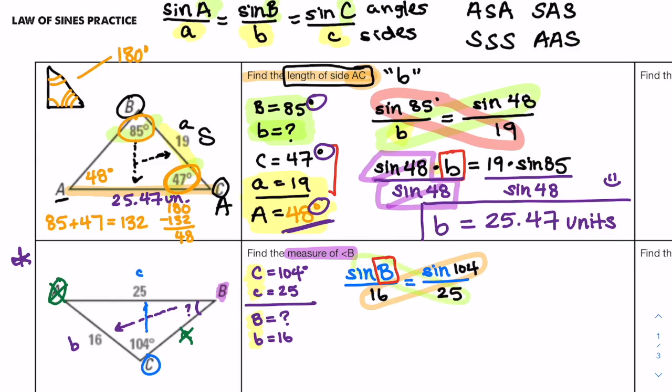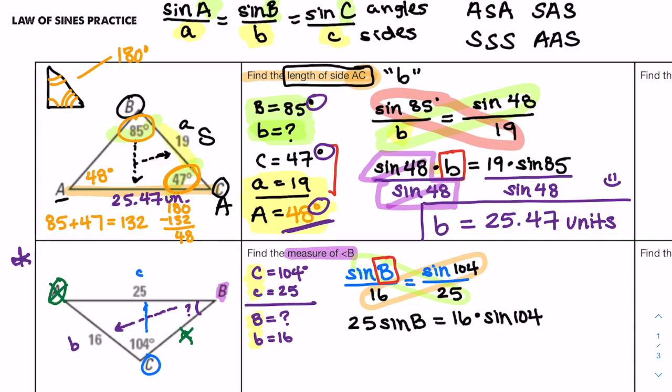Okay, so if I do my proportion, it doesn't matter, but I'll do the green first. So this is 25 sine B is equal to 16, this is the orange, times sine of 104 degrees.